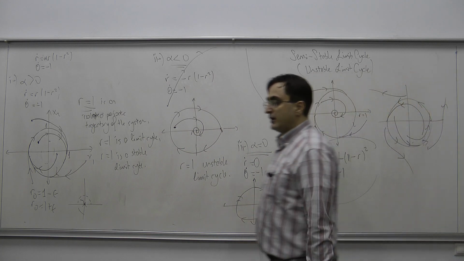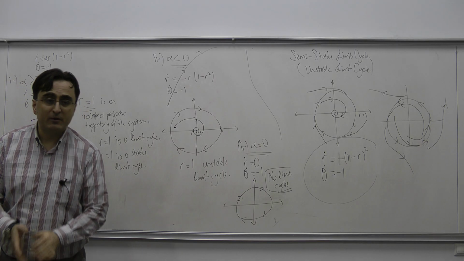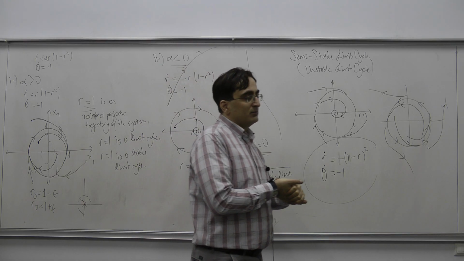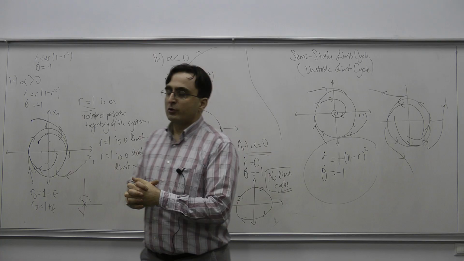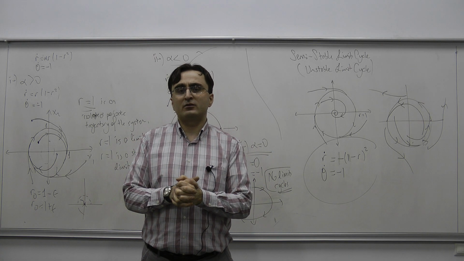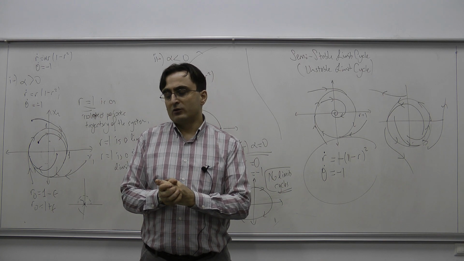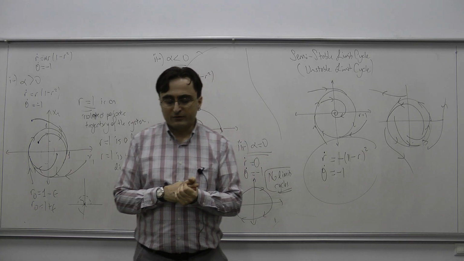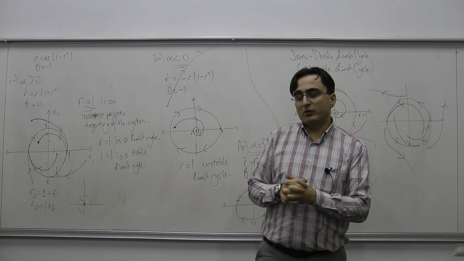Okay? So this was an introduction to the concept of limit cycles. In this course, we are going to see some mathematical results in order to be able to predict or rule out the existence or non-existence of limit cycles. So there are going to be 3 results that we are going to see. Sometimes these results are going to be positive results.